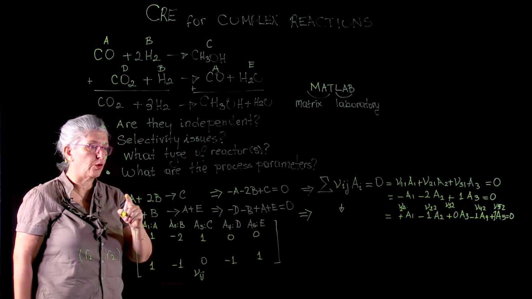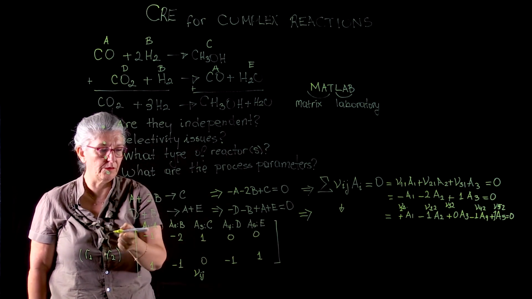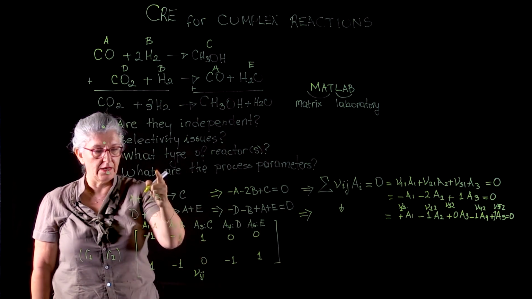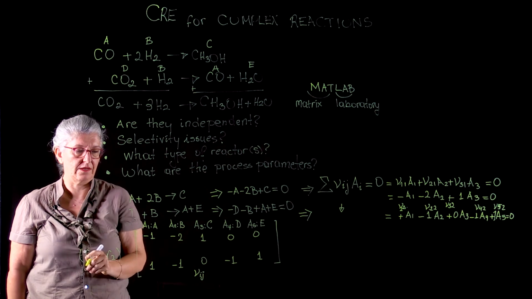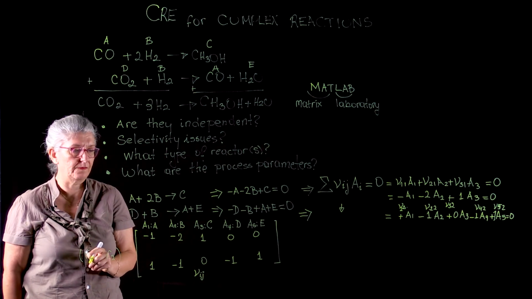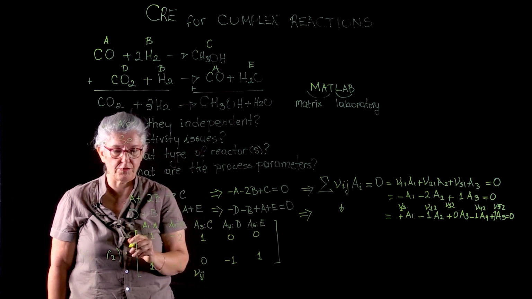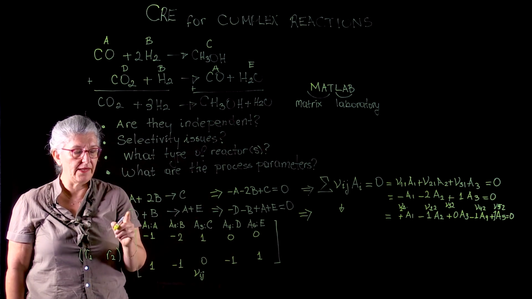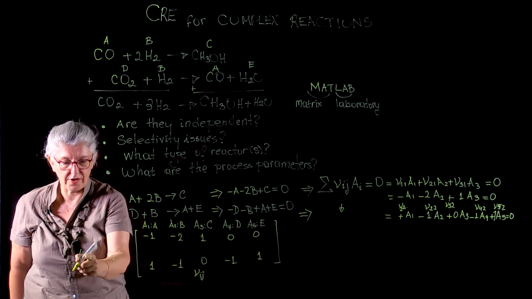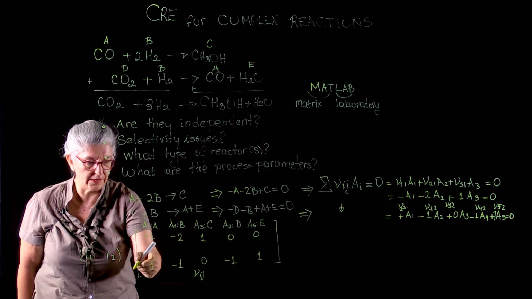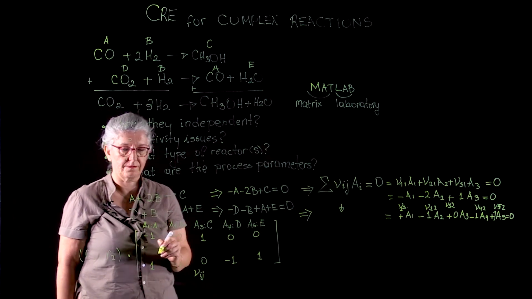So we have the component vector. This row is the component vector, and this column is the reaction vector. Reaction 1, reaction 2, and so on and so forth. Now let us do the matrix multiplication of R1, R2 with this stoichiometric coefficient matrix.